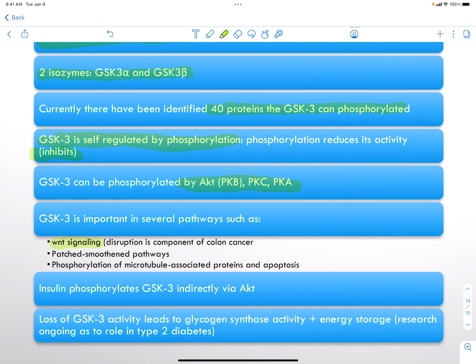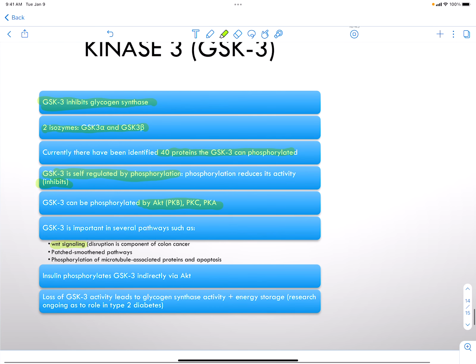And then there's also microtubule phosphorylation during the process of apoptosis that is going to be dependent on glycogen synthase kinase 3. Now, insulin is going to phosphorylate this directly via that AKT, and then loss of this activity is being actively researched as part of a role in type 2 diabetes as well.